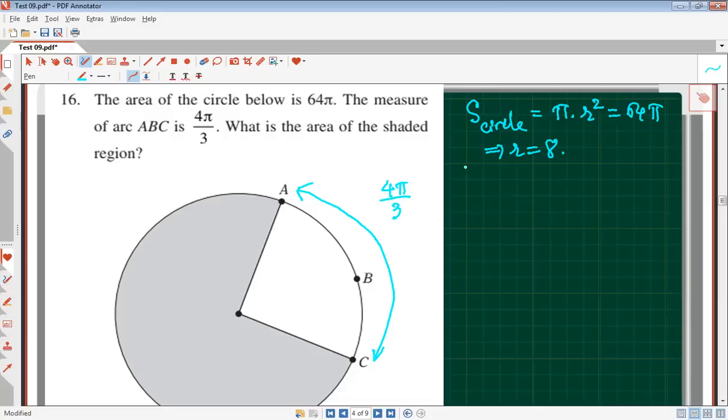First, we need to find the perimeter of the circle. The perimeter of the circle is 2 times pi times r equal to 16 pi. Next, we will find the area of the shaded region.